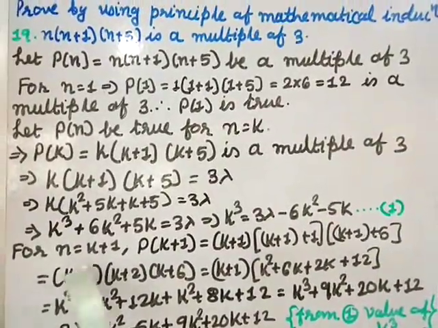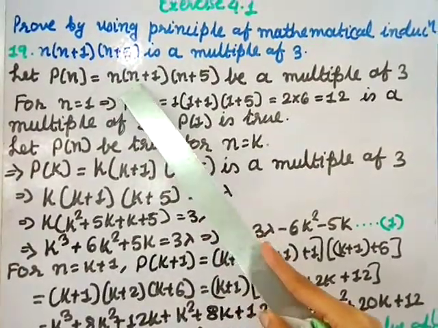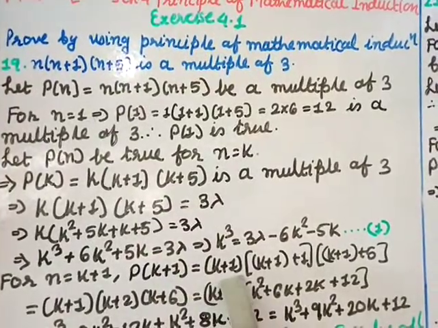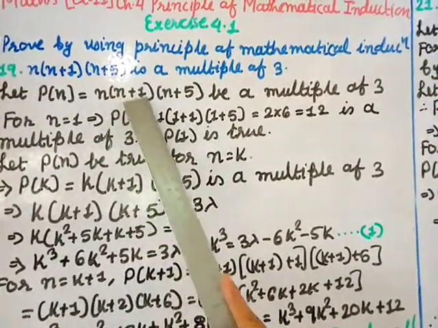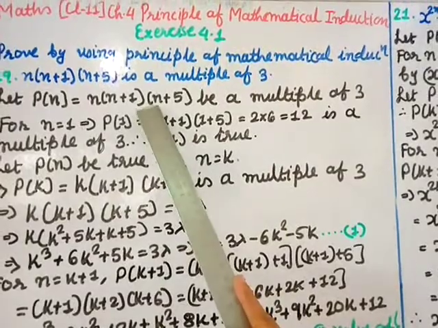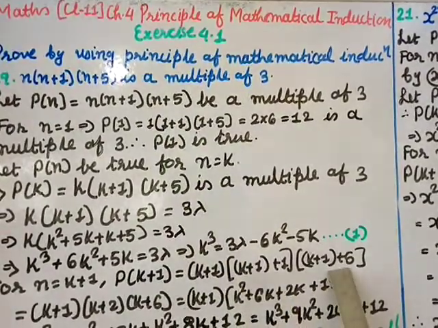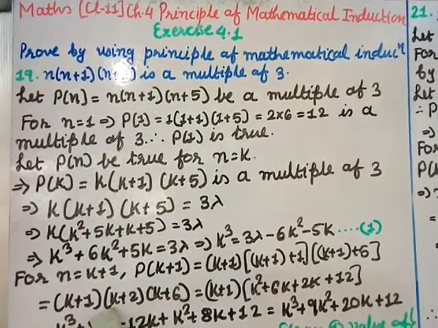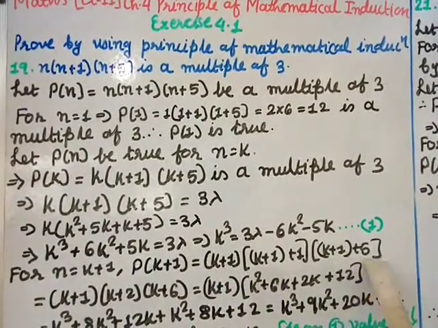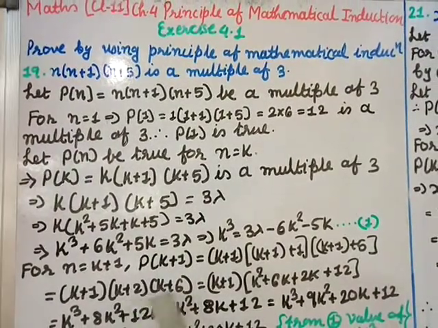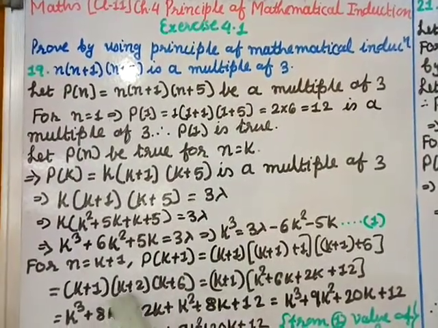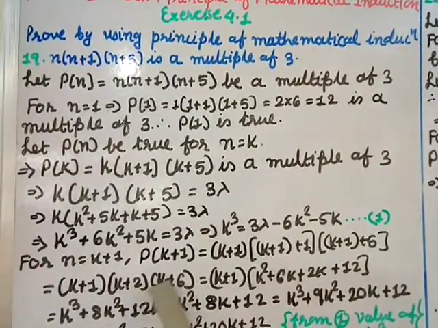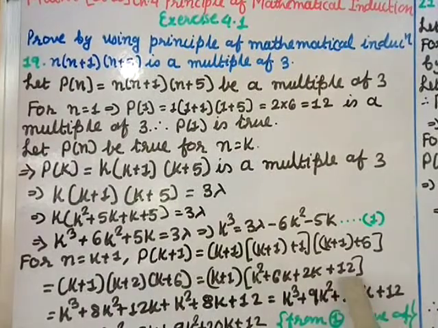For n equal to k plus 1, now instead of n, put k plus 1. So Pk plus 1 equal to, instead of n, k plus 1 into k plus 1 plus 1 into k plus 1 plus 5. So this can be written as k plus 1 into k plus 2 into k plus 6. Now open these two brackets: k square plus 6k plus 2k plus 12.